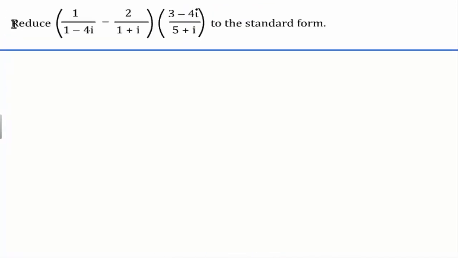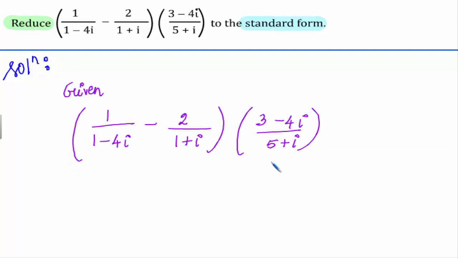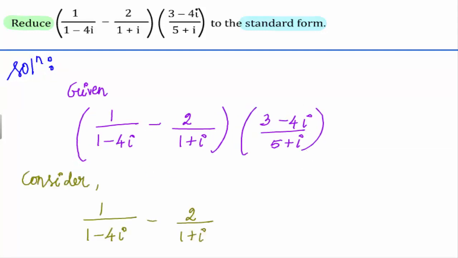In this question, we need to reduce the given complex expression to the standard form. Let us begin with the solution. This is the given complex expression. Now, let us consider 1 upon (1 minus 4i) minus 2 upon (1 plus i).